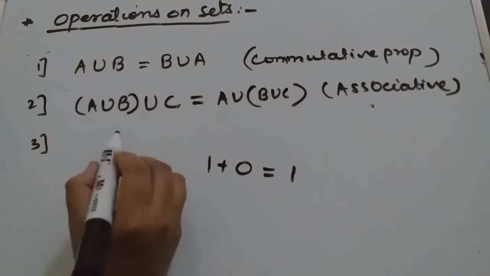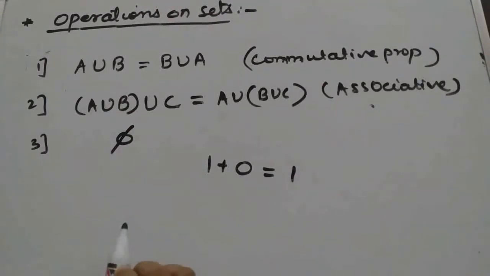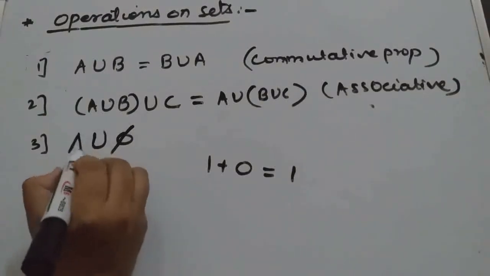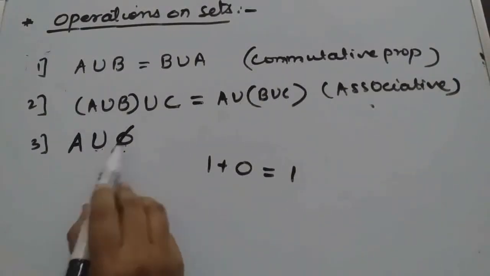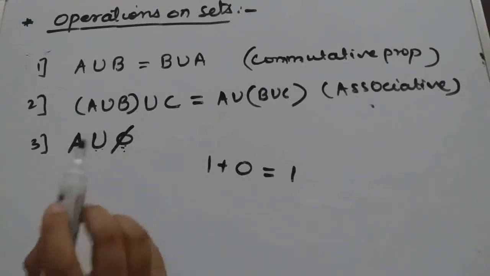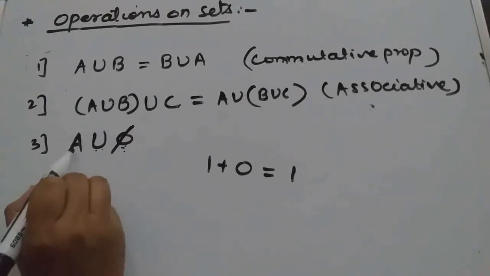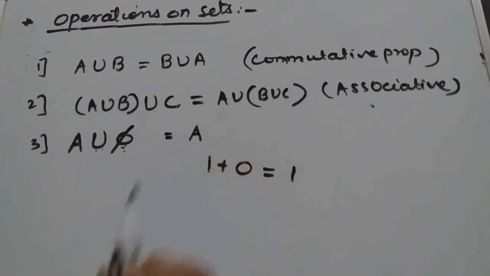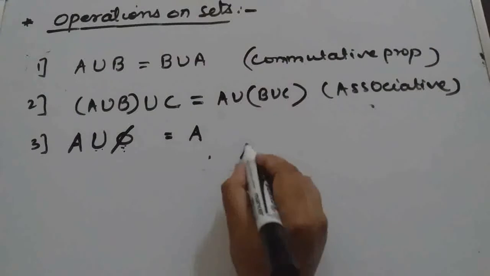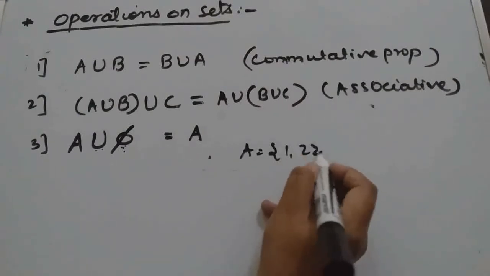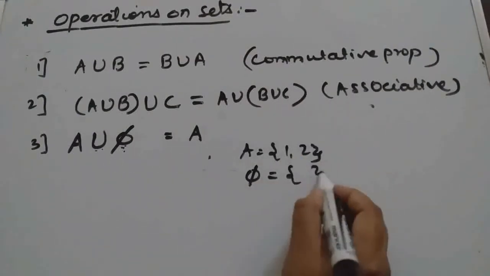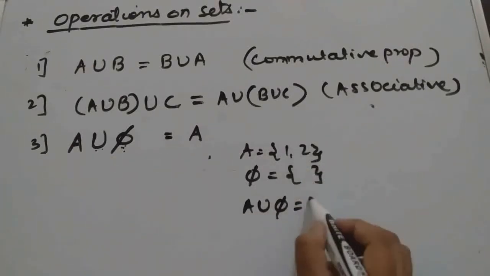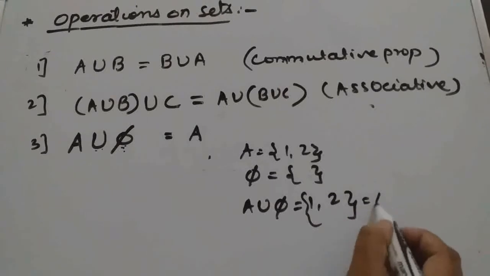Similarly, the empty set phi is the identity set for union. If you find the union with any set A, you get the same set. You can check: suppose A = {1, 2} and phi doesn't contain any element, so A ∪ phi is {1, 2} only, that is nothing but A.